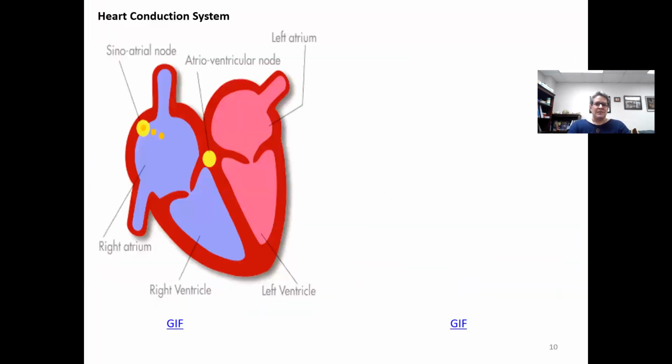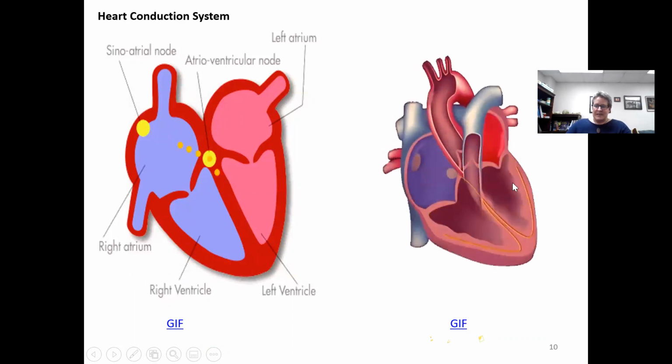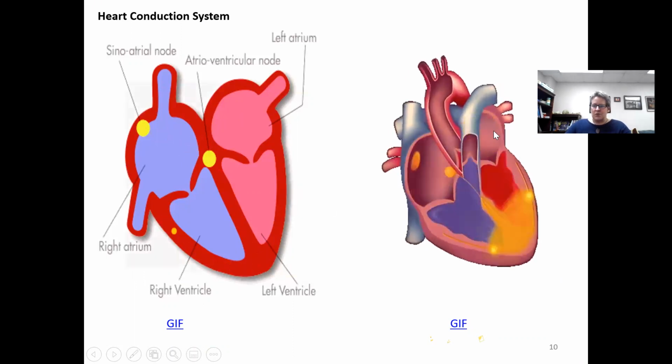Now, this is what it would look like. It starts in the SA node. They don't show it here, but the signal jumps immediately over to the left atrium and they contract simultaneously, filling the ventricles. It pauses at the AV node to make sure the ventricles have filled. Then it goes down the bundle of His, and then into the Purkinje fibers. Now, what it looks like is this. It starts in the SA node, jumps over to the other atrium.